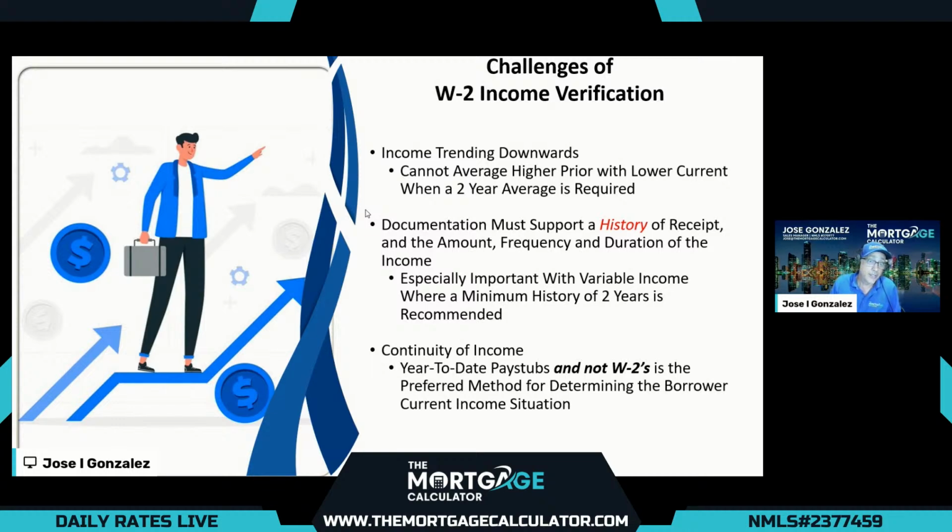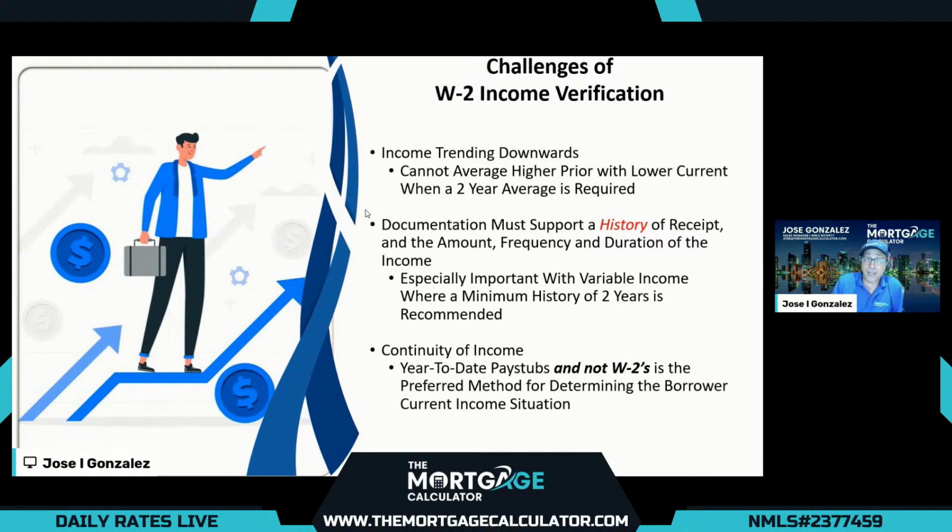That could be a serious issue that's definitely going to have to be explained, and especially going to be an issue if your borrower is hourly. Now maybe they're getting a lot less hours, and that trend could be continuing. Maybe the business is having issues, right? They're in a retrenchment mode, cutting back on everything. Are they going to have more cutbacks next year? Those are all things that an underwriter is probably going to ask you to document.